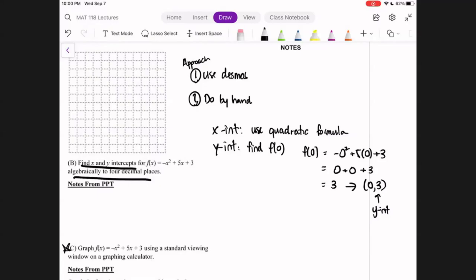And then for the x-intercepts, if you want to use the quadratic formula, remember you have to identify your a, which is the coefficient of, or what's in front of, the x squared, so that's a -1. Your b, what's in front of the x term, because remember, it's going to have this format here, and then our c. And then we need to plug it in: -b plus or minus the square root of b squared minus 4ac, all over 2a.